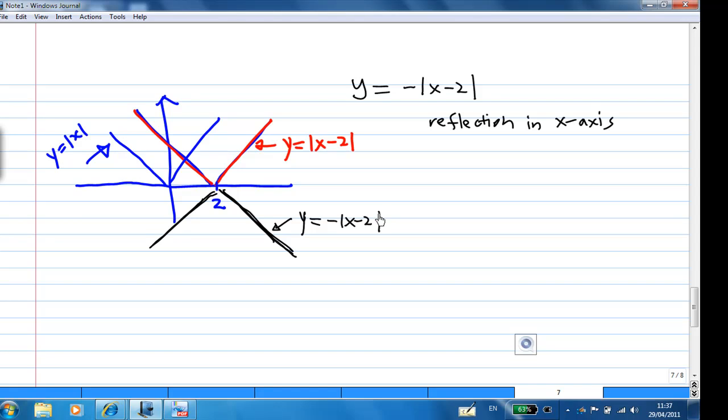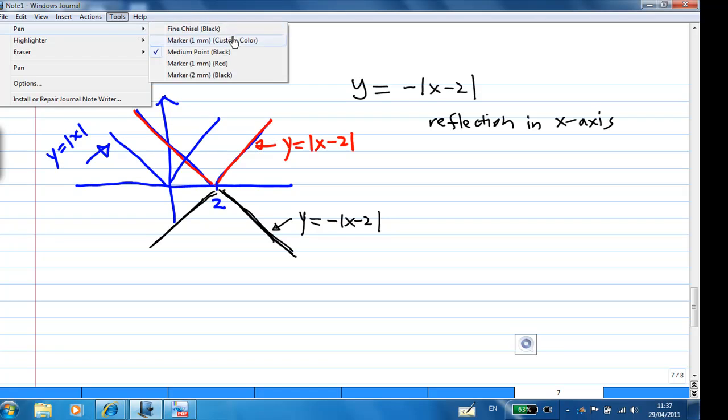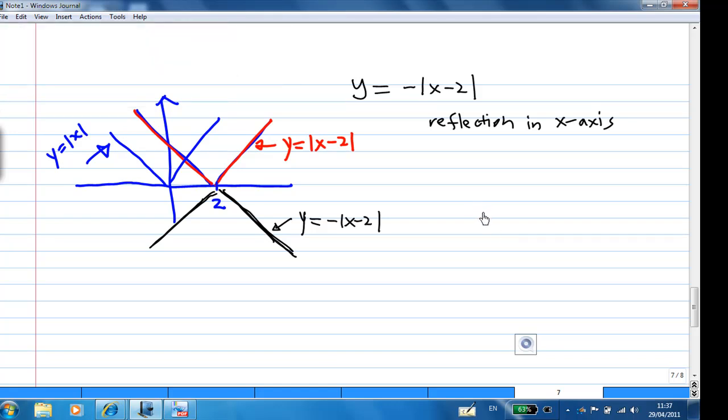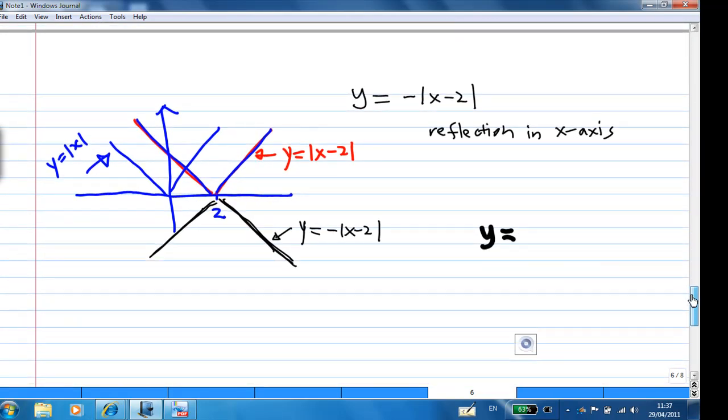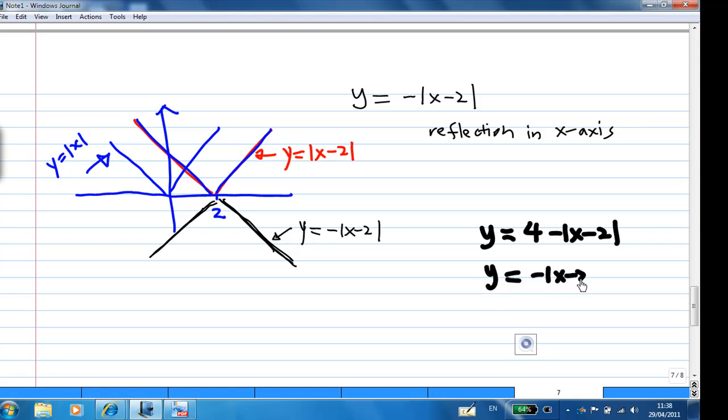And finally I do one more transformation, for which I need another color. Let's say I have a really thick color now. The equation I have is y equal to 4 minus absolute value of x minus 2. Now this is the same as minus absolute value of x minus 2 plus 4, and this is a vertical translation.